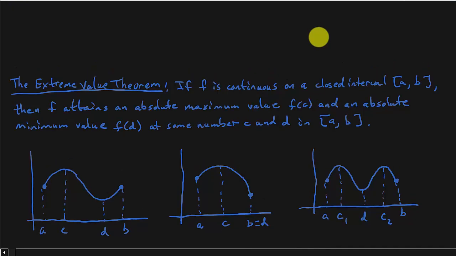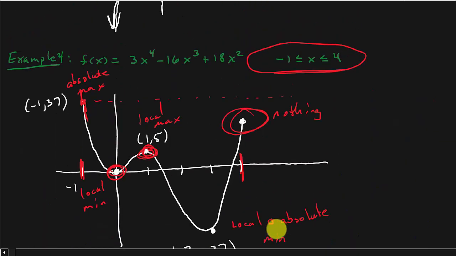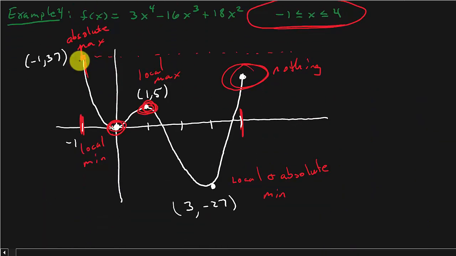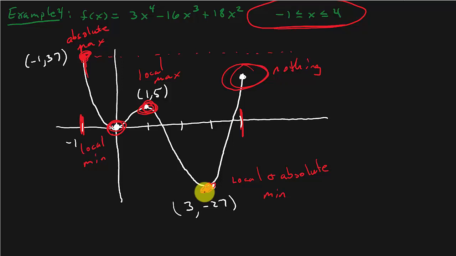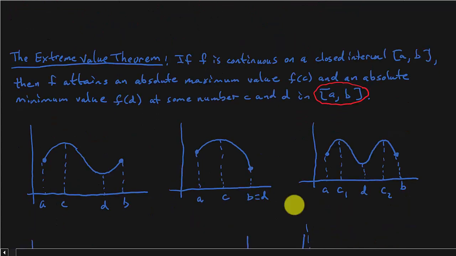And notice what it said, at some number c and d in the interval AB. They're including the AB. And this is a perfect example. See, there's your absolute maximum, and there's your absolute minimum. They're saying you are going to have both if the function's continuous.